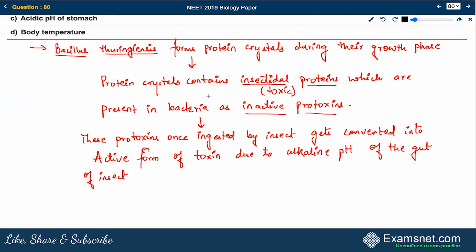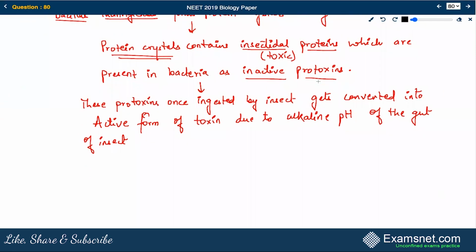And once these protein crystals are solubilized, the insecticidal proteins are released. So it is due to the alkaline pH of the gut of the insect that the protein crystals get solubilized.